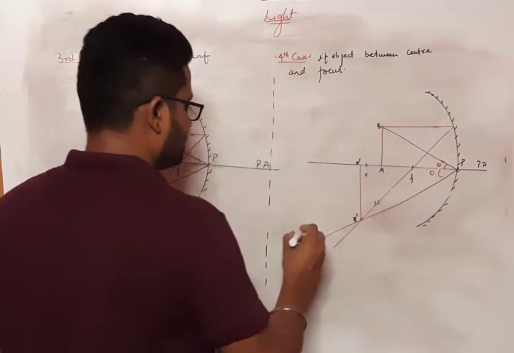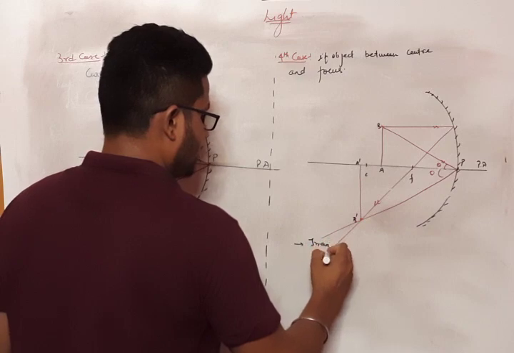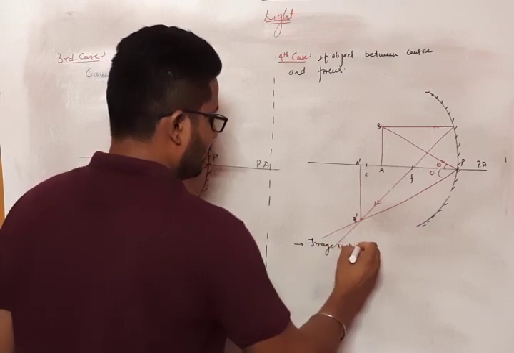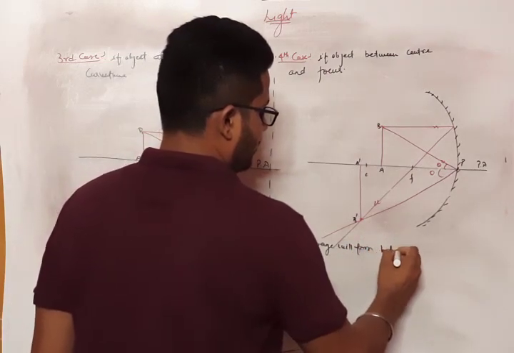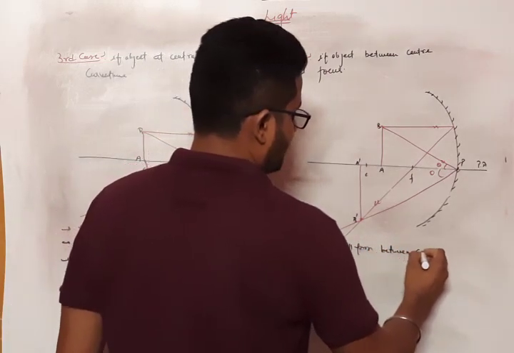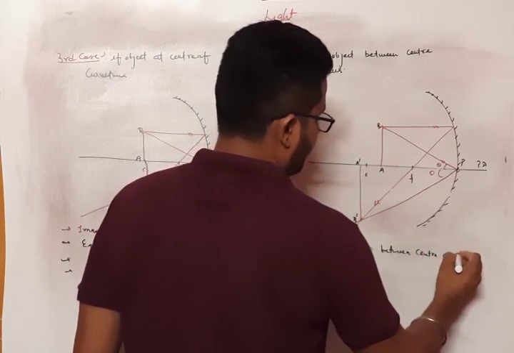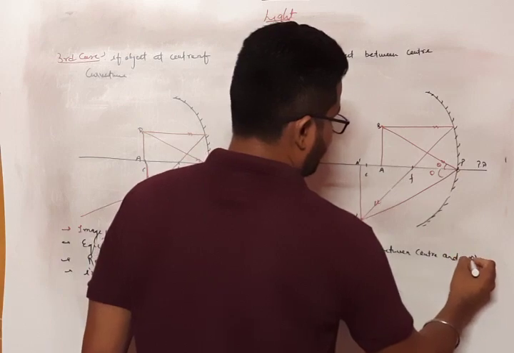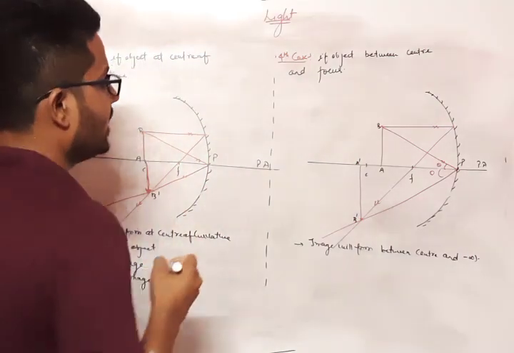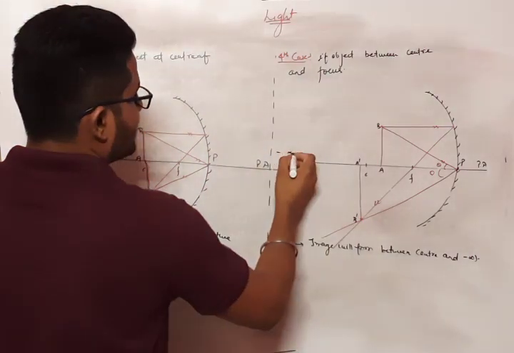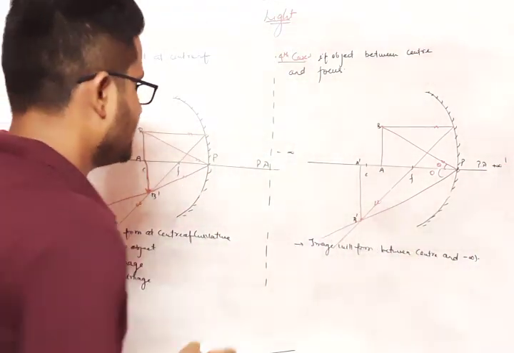Information is: the image will form between the center and minus infinity. Okay beta, I am saying minus infinity, its meaning is this side is minus infinity and this side is plus infinity. Okay beta, minus infinity.